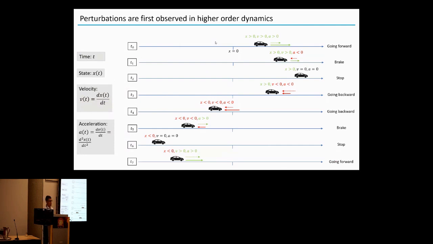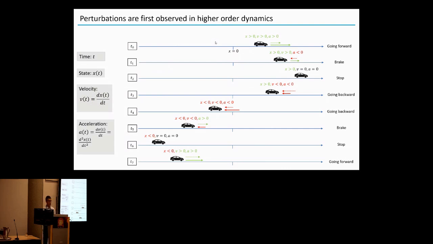This is an analogy that I like every time I'm talking about dynamics. Suppose that we're driving a car on a road, and we have a positive state, which is the expression, and the derivative of state, which is the velocity, and the derivative of velocity is acceleration.